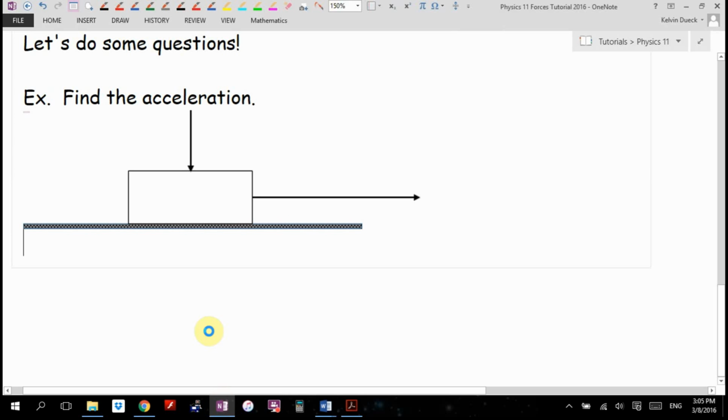Here's a diagram. Suppose I told you that M equals 17 kilograms. Let's suppose there was an F applied of 125 newtons. Let's suppose someone is pushing down with 25 newtons of force.